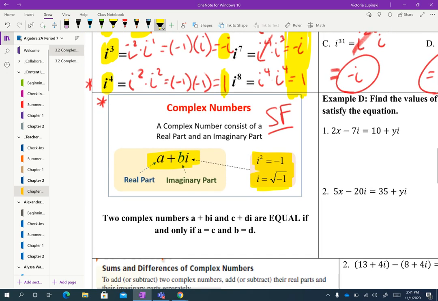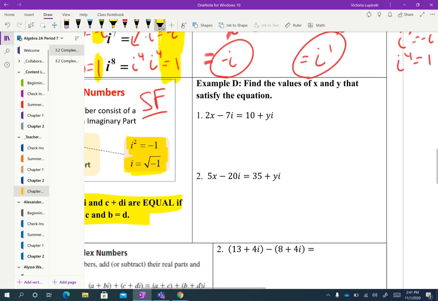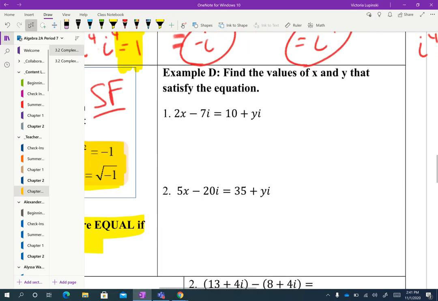Once you realize what an answer is supposed to look like, there's an idea that two complex numbers can only be equal if their real parts are equal and if their imaginary parts are equal. So look over here at example D. Find the values of x and y that satisfy the equation. What they're saying to you in this problem is that you have a complex number on the left and you have a complex number on the right.